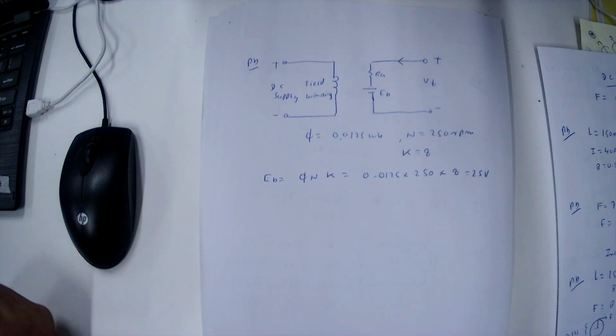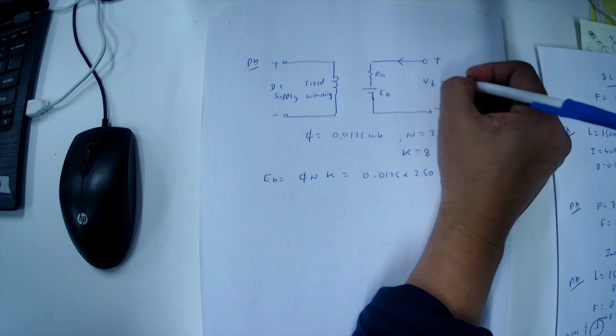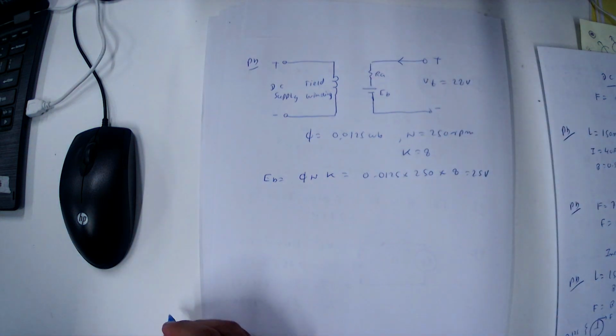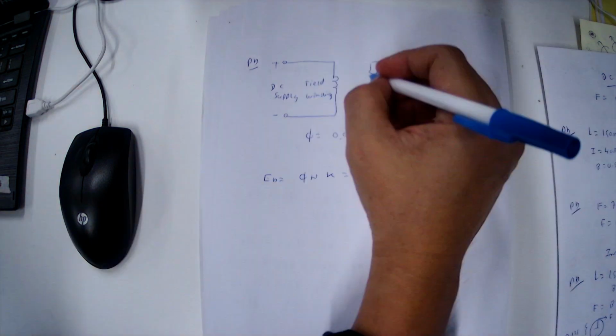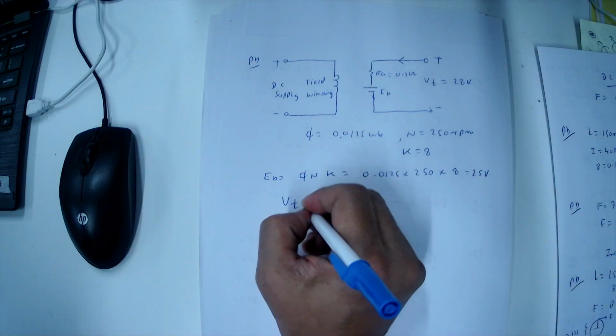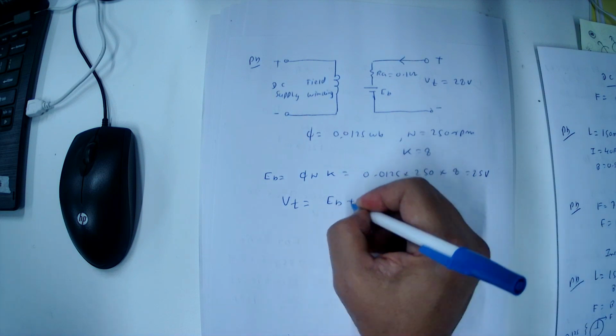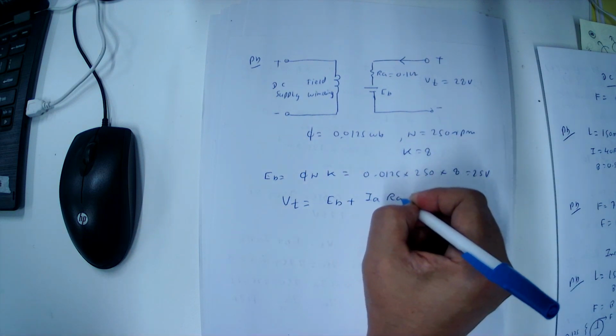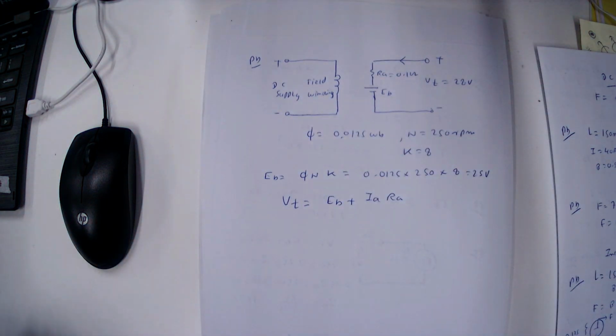So EB is 25 volt. Then we also need to calculate the armature current. In this case, the supply terminal voltage is 28 volt, and armature resistance RA is 0.1 ohm. So we write down the equation: VT equal to EB plus IA RA. VT is the terminal voltage, EB is the back EMF, IA is the armature current, RA is the armature resistance.